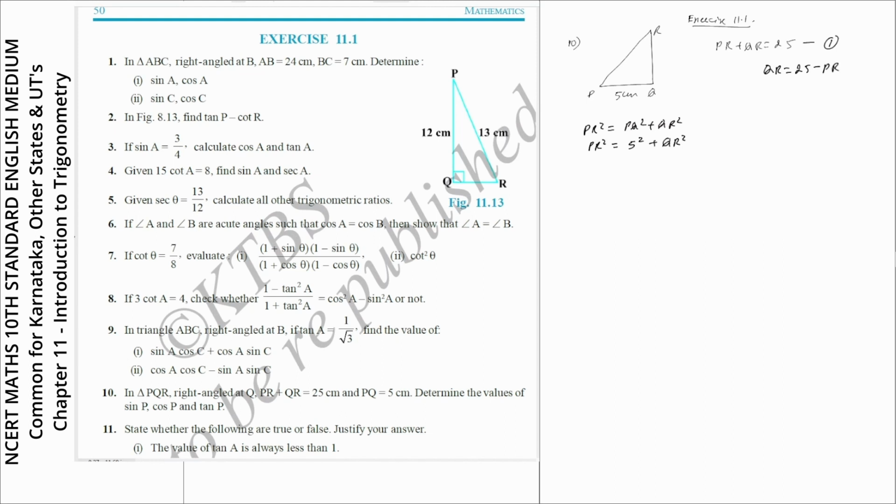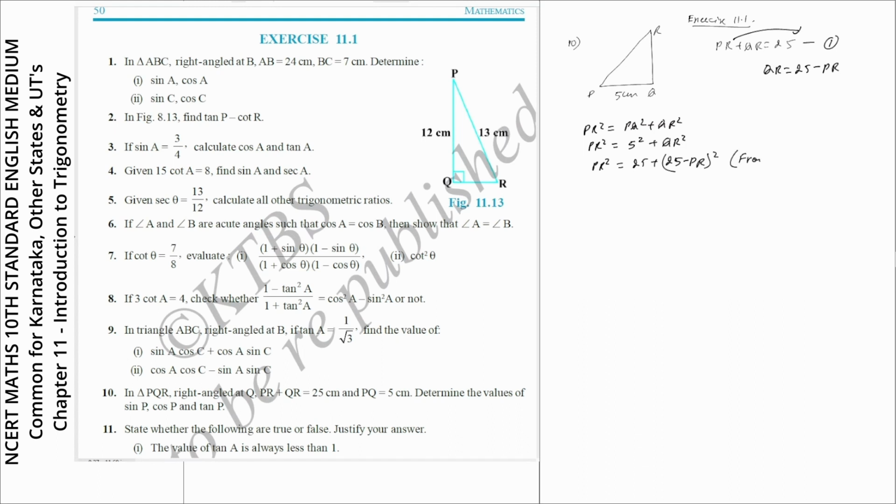I'll solve for PR. If I bring this to the right hand side, QR is 25 minus PR. I'll substitute that same thing here. Now PR square is equal to 5 square, which is 25, plus QR, which I got as 25 minus PR, the whole square.